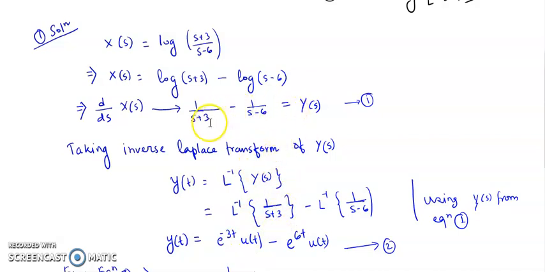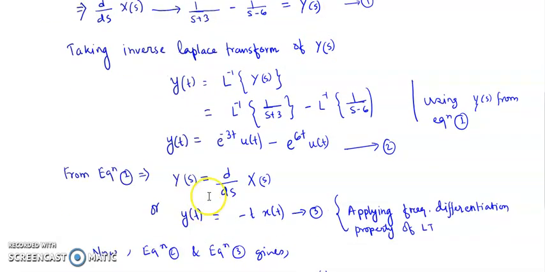Using that property you find the inverse transform and get y(t). But we actually need x(t), so the relation between Y(s) and X(s) can be exploited like this: you take the inverse Laplace transform of it to get the relation between y(t) and x(t).